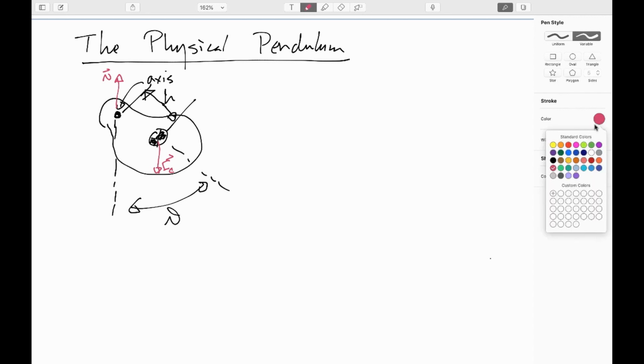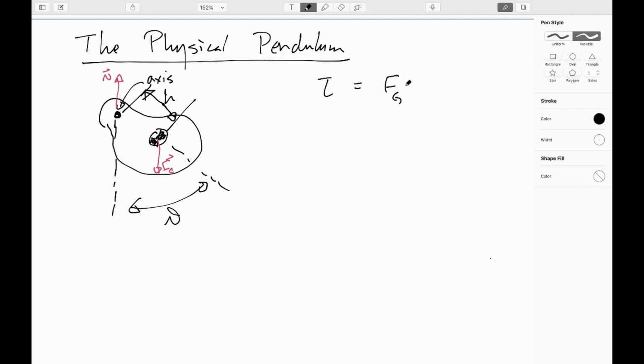So the torque that we will exert will be the force of gravity times the lever arm, which is going to be h times the sine of this angle, because this distance right here is our perpendicular. That's equal to h sine theta. So my lever arm is h sine theta.